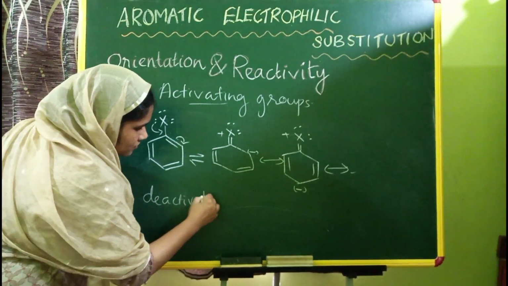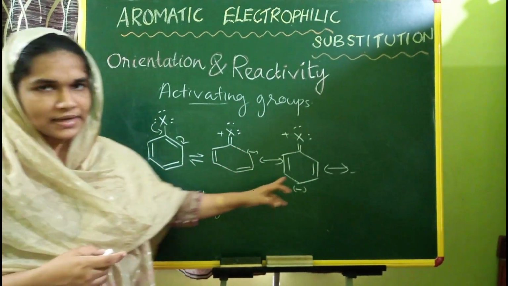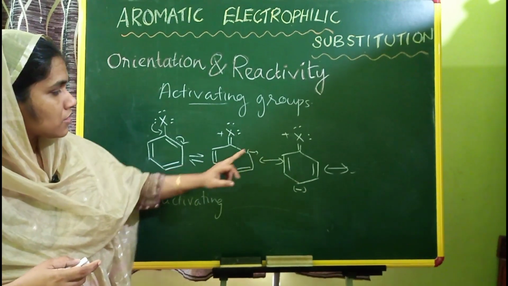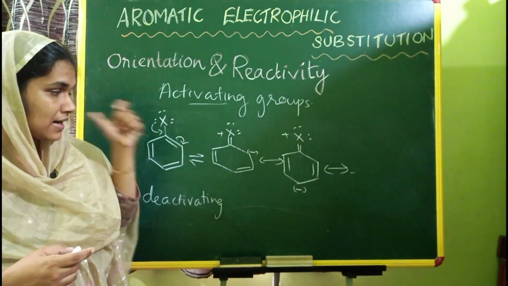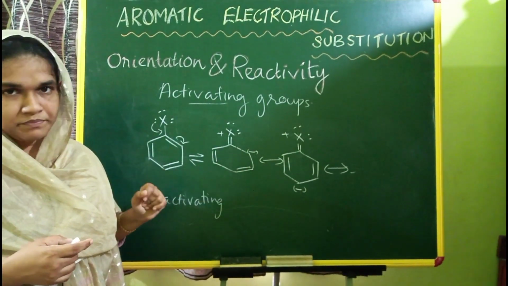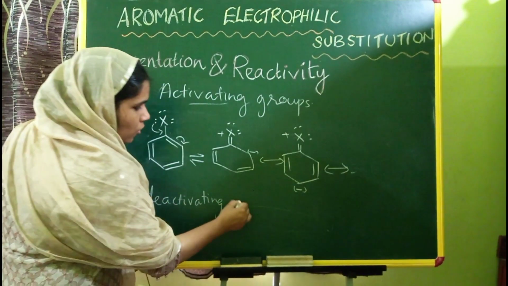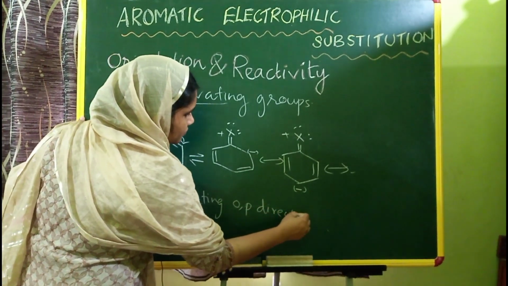Deactivating, but it is also an ortho-para directing group, because if you write the resonating structure, you can write negative charge over this ortho position and para position. So it is a deactivating and ortho-para directing group.